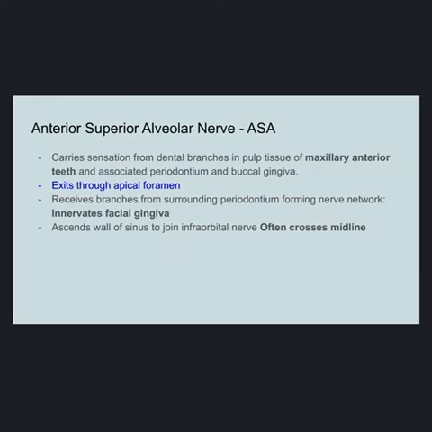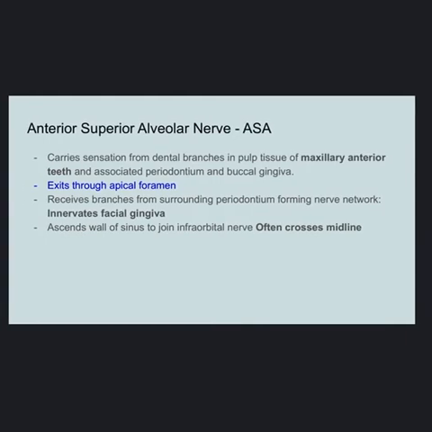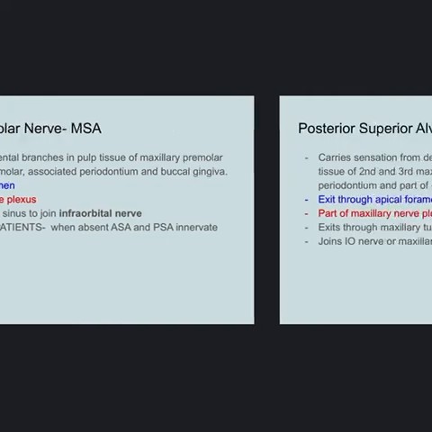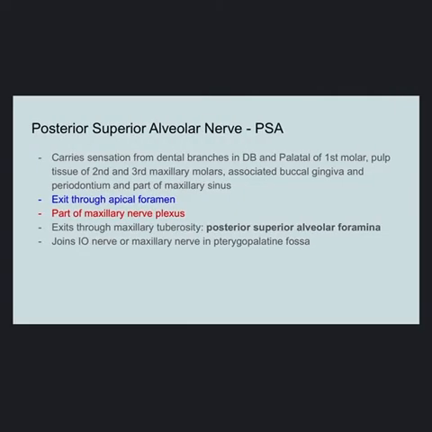ASA passes through the infraorbital foramen, infraorbital nerve. And then MSA has to do with the infraorbital nerve. However, PSA has nothing to do with the infraorbital nerve. It has to do with the posterior superior alveolar foramina, which has to do with the name as well.